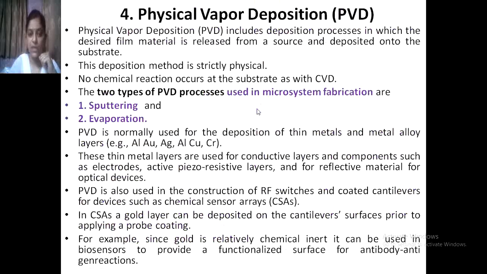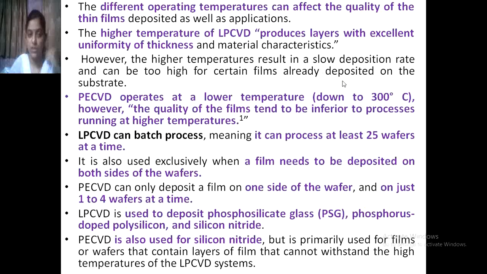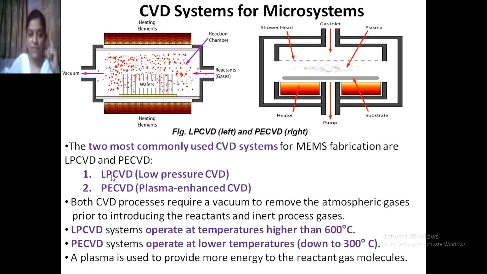Once again we are going to summarize: low pressure chemical vapor deposition and plasma enhanced chemical vapor deposition. LPCVD operates at a temperature higher than 600 degrees Celsius and PECVD operates at a lower temperature, down to 300 degrees Celsius.